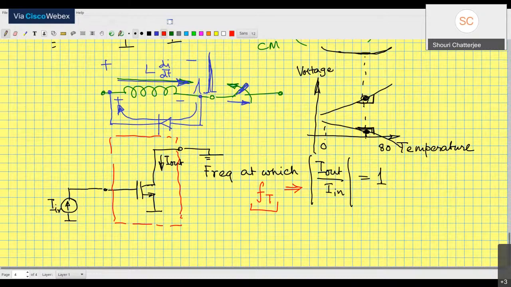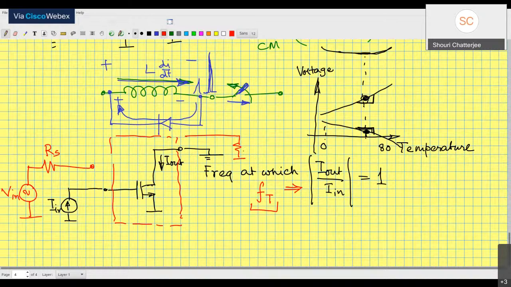Above the frequency FT, it's better for you to directly connect the load to your input source. So eventually what is going to happen is you won't have I in, you will have a voltage source with a source resistance. This is the use case, a voltage source with a source resistance, right? And over here it's not going to be a short circuit.